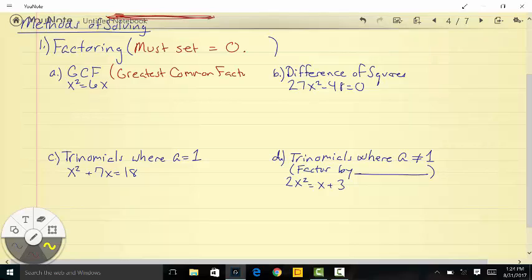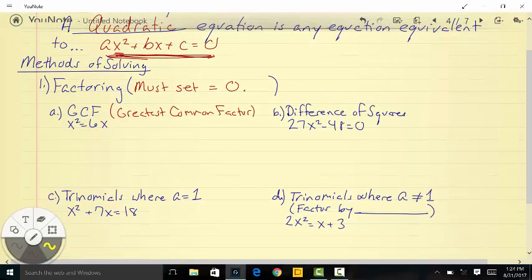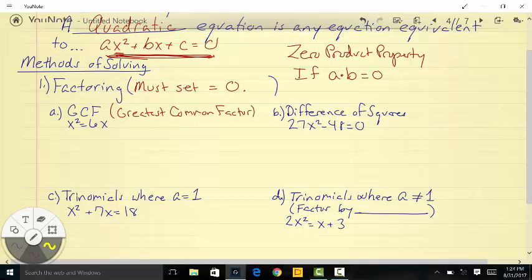Before we back up here in just a second, we're going to use what's called the zero product property, which says if A times B is equal to 0, if you give me two numbers, A and B, that multiply to equal 0, the only way that can happen is if A is equal to 0 or if B is equal to 0.